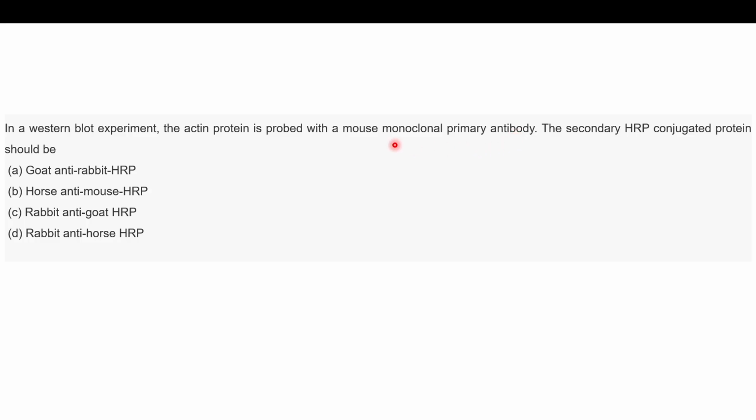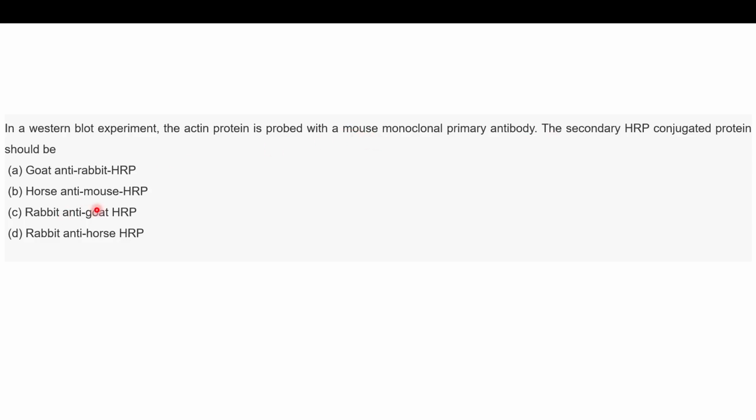But you can't generate a secondary antibody in the mouse itself. It should always be a different organism, because then the primary antibody won't be recognized as an antigen here. The secondary antibody should be generated in a different organism.